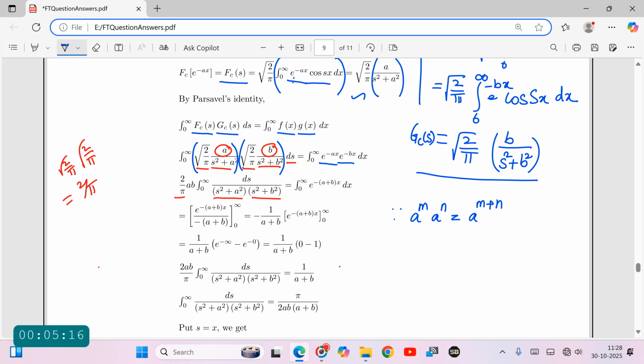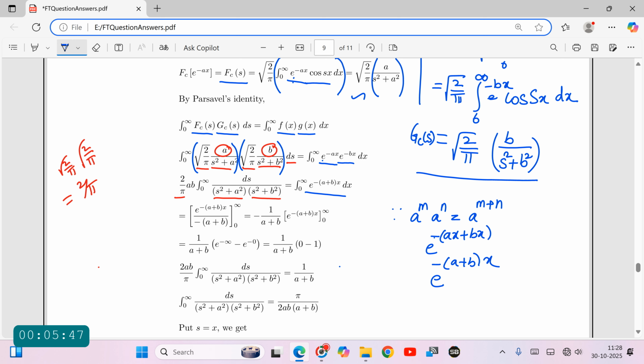So using this formula, e power minus ax into e power minus bx is e power minus of ax plus bx. If you take x outside, your answer is e power minus (a plus b) into x. So after multiplying e power minus ax and e power minus bx, we got e power minus (a plus b) x into dx. Now, integrate the right side.